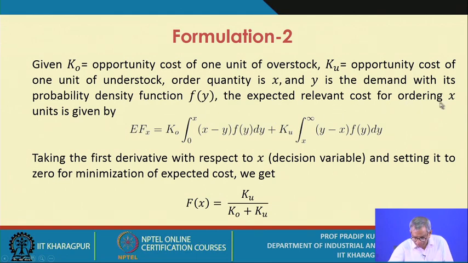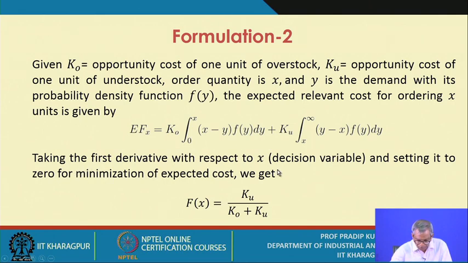So the expected relevant cost for ordering x units is given in terms of the opportunity cost: Ko times the integral from 0 to x of (x minus y) f(y) dy, and similarly Ku times the integral from x to infinity of (y minus x) f(y) dy. So this is the case of overstocking and this is the case of understocking.